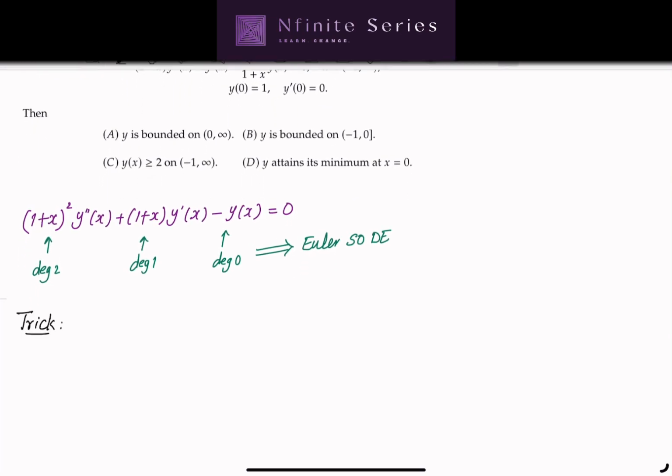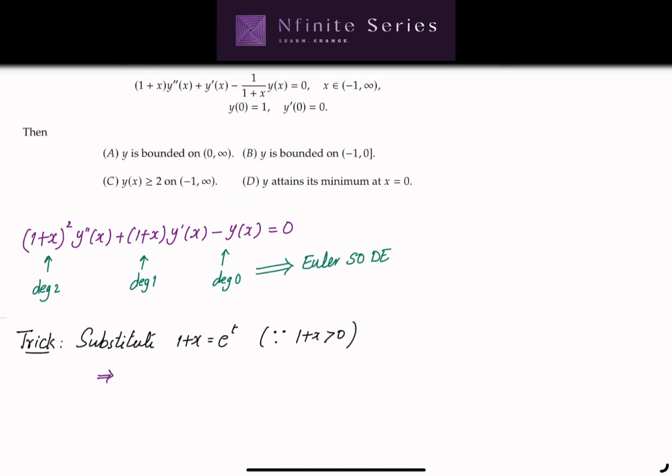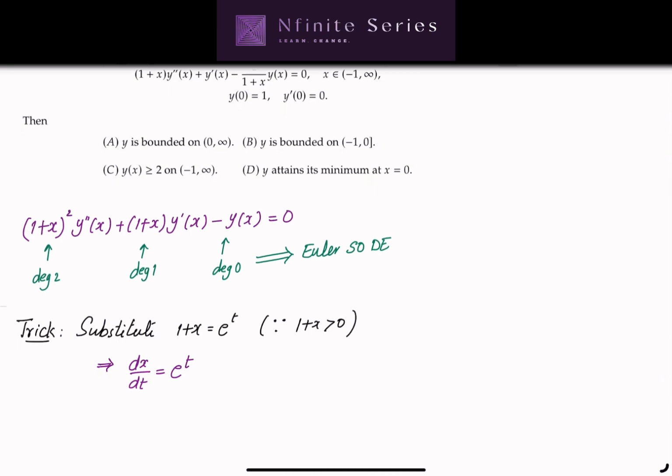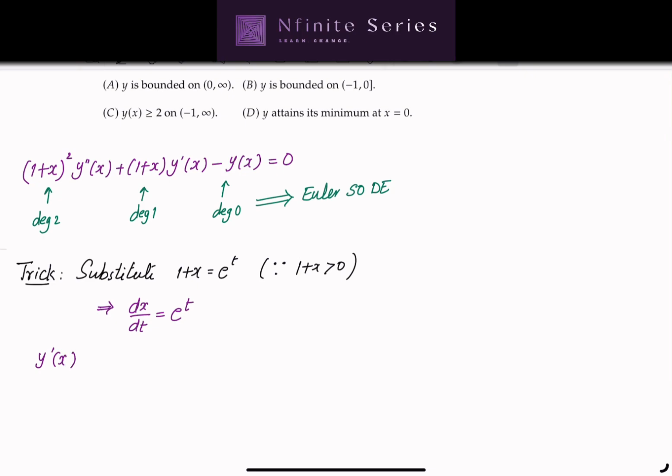And the trick is to substitute the polynomial 1 plus x as e power t, which makes sense because 1 plus x is given to be positive. If you do that, what do we get? Differentiate both sides by t, you get dx by dt equals e power t. Now, what does this give us? We have y prime x equals dy by dx.